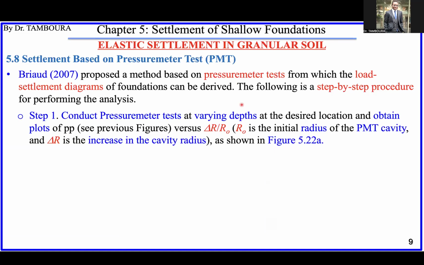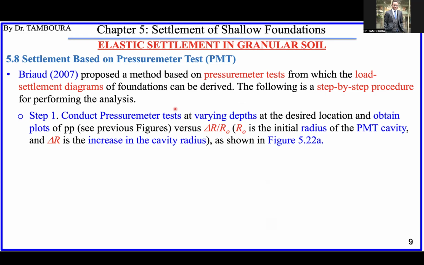We are going step by step, maybe up to 8 steps. Step one is, of course, to conduct the pressuremeter tests at several depths, changing the depths in the hole at the location where your foundation will be built.